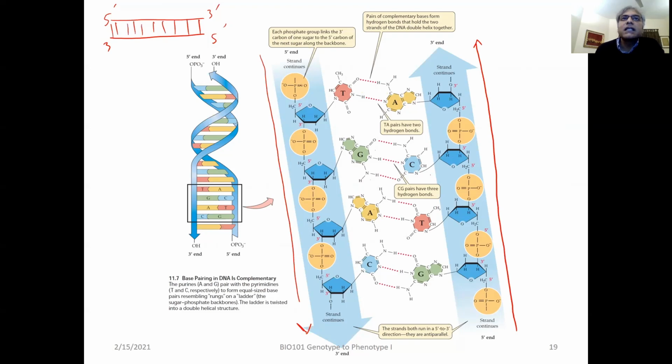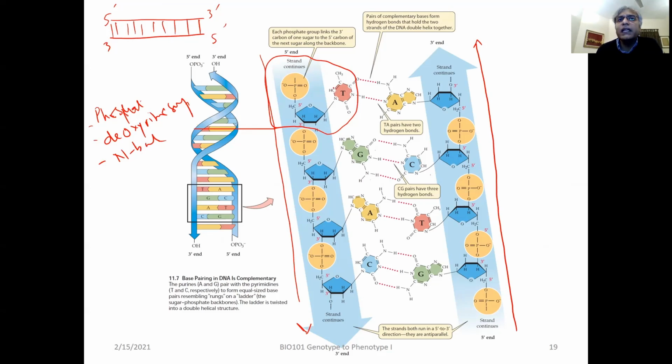So what is 5'? For example, this one is a nucleotide which has thymine as a nitrogenous base. A nucleotide is what? A nucleotide is a phosphate group, deoxyribose sugar, and a nitrogenous base, in this case thymine.